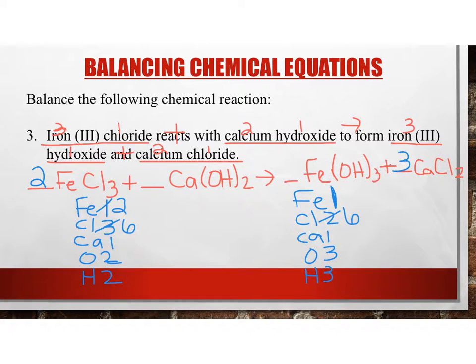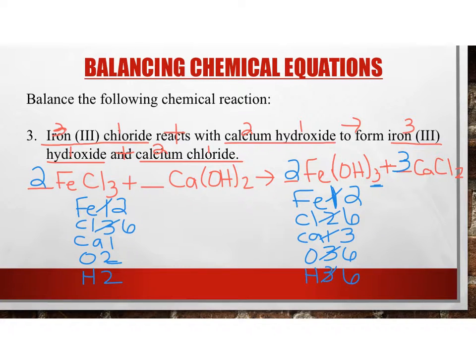But also remember that changes your calcium. So now we're looking at iron also is not balanced anymore. So let's check the iron out. But that changed your O and your H. So now I have 6 O's and 6 H's because the 3 times 2 for the coefficient gives me 6.